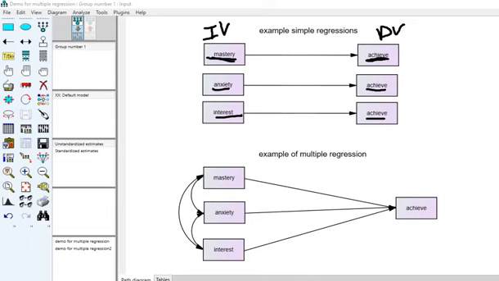Now we can juxtapose that against a multiple regression, and in this case we still have a single dependent variable. We're still assuming that the variable is continuous, but we are entering all of our predictor variables, or all of our independent variables, into the model at the same time. There are various payoffs to that.